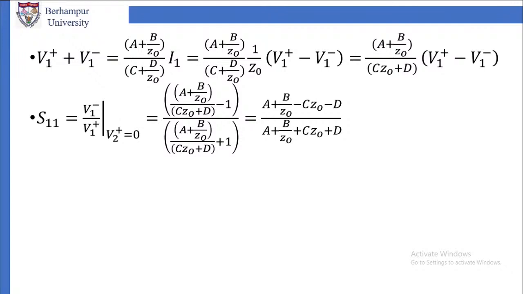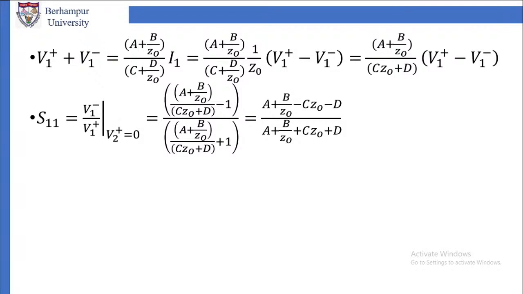This you can find out because we have already expressions for V1 plus plus V1 minus divided by V1 plus minus V1 minus. From that expression you can find out V1 minus by V1 plus. Now you do the algebraic manipulation.